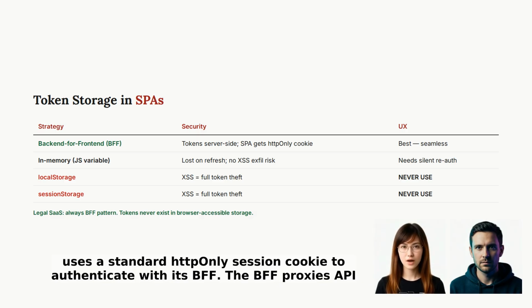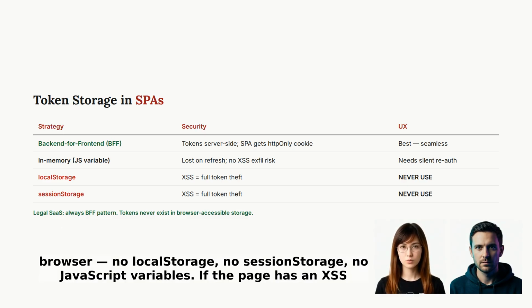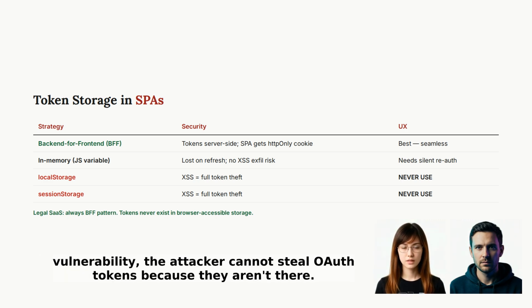The BFF proxies API calls, attaching the access token from its server-side store. Tokens never exist in the browser. No local storage, no session storage, no JavaScript variables. If the page has an XSS vulnerability, the attacker cannot steal OAuth tokens because they aren't there.